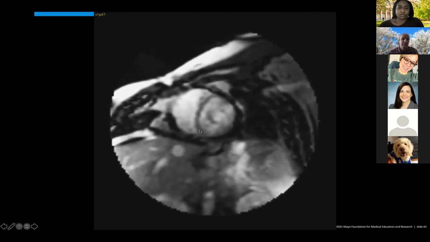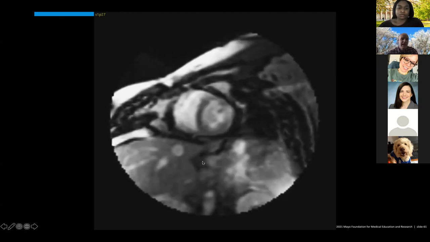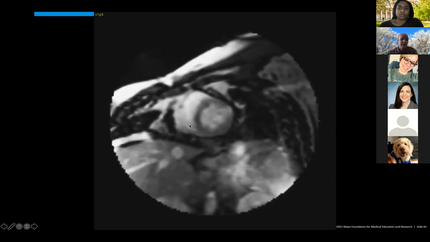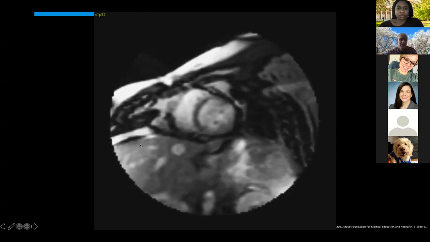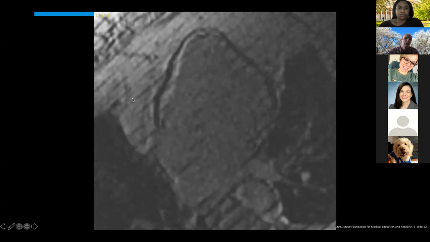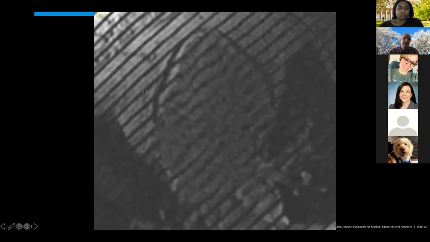So intermittently, you can see that interventricular septum becomes flat. And if you look closely at when that is occurring, you can see that it is more pronounced when the patient breathes in. And we can also assess the pericardium with these myocardial tagging images.